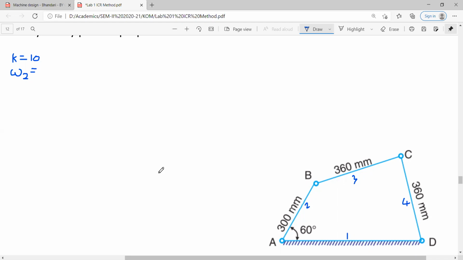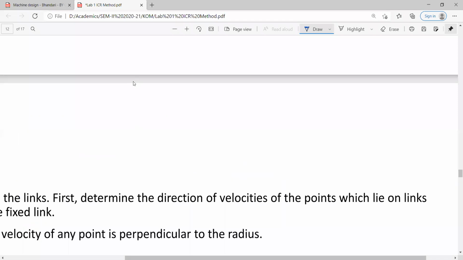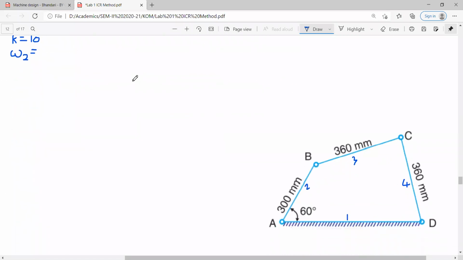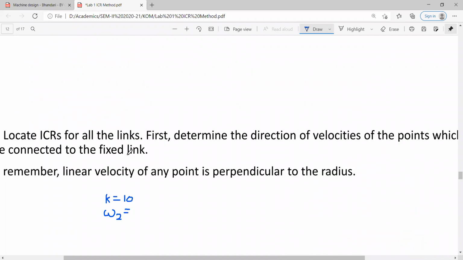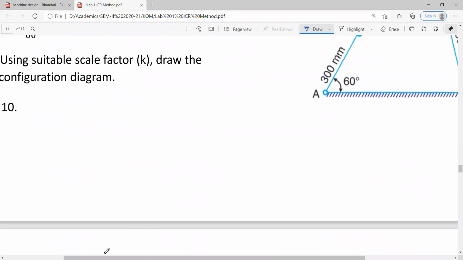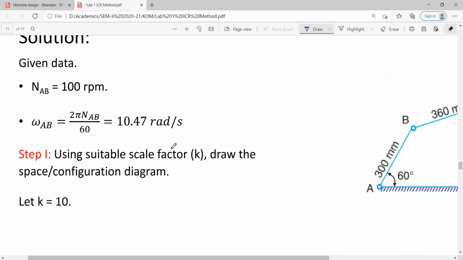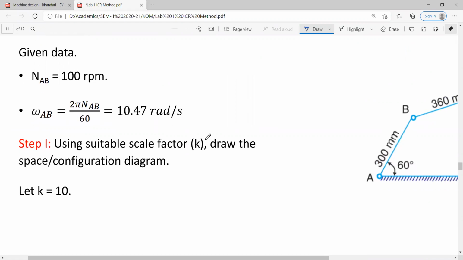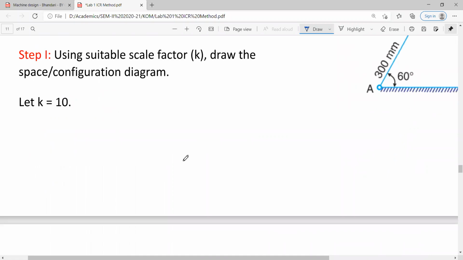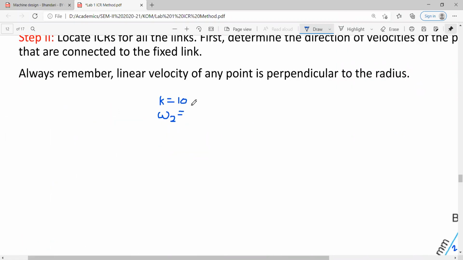RPM was given as 100 RPM and omega AB we found out as 10.47 radian per second. So I will write here omega 2 is nothing but 10.47 radian per second.